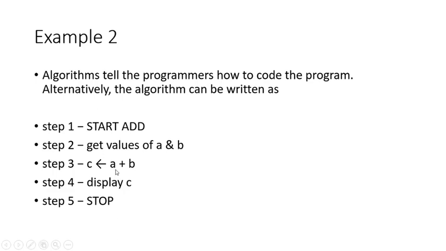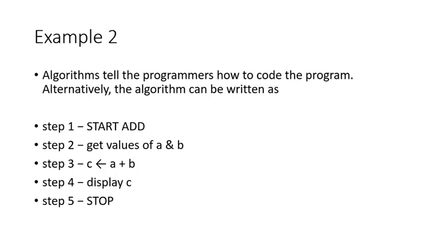If you write this, a and b are stored here, or if you write the equals sign, a plus b is stored in c. Sorry for the inconvenience. Step 4, display c. Step 5, stop. So these are the things we are going to do.